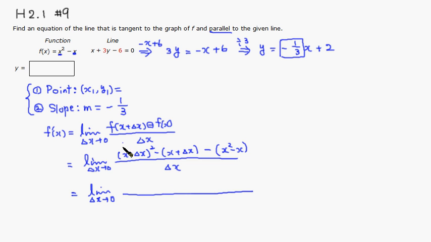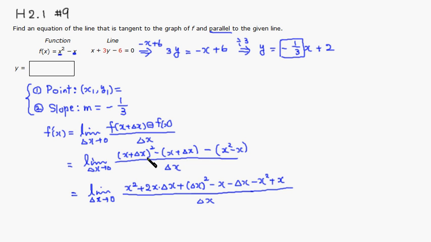If you multiply that out, you get x squared plus 2x times delta x plus delta x squared, minus x minus delta x, minus x squared plus x, over delta x.